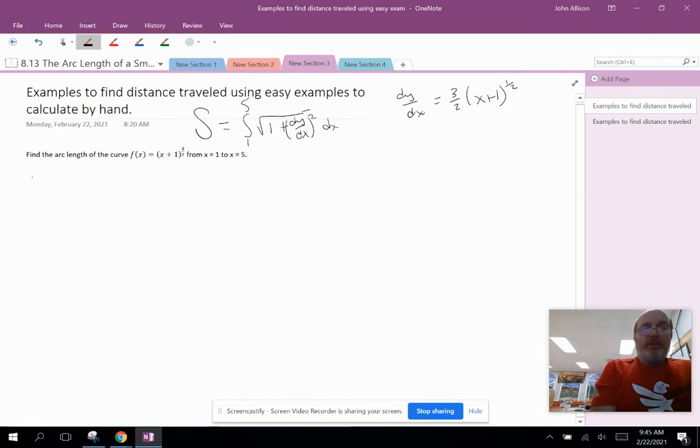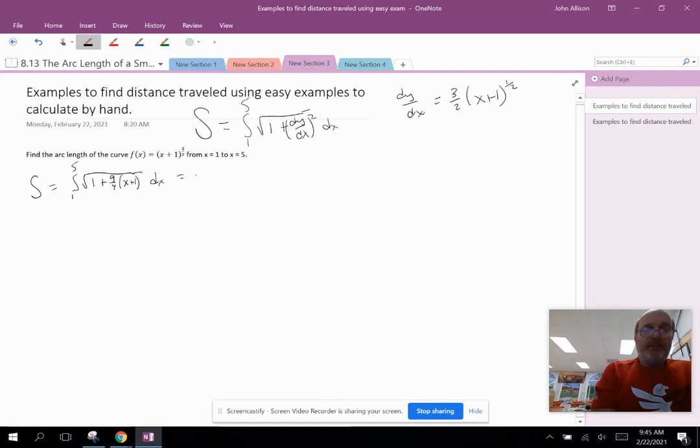So that means our arc length formula is going to be the integral from 1 to 5 of the square root of 1 plus, when I square 3 halves, I get 9/4, times (x plus 1), all dx, because when I square (x plus 1) to the 1 half, I get x plus 1.